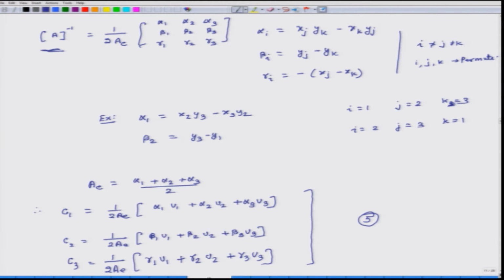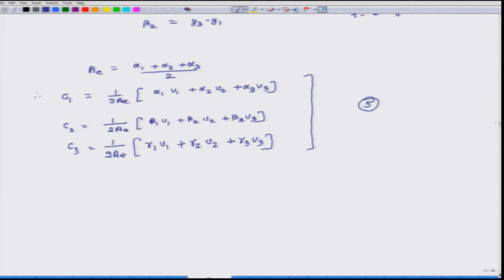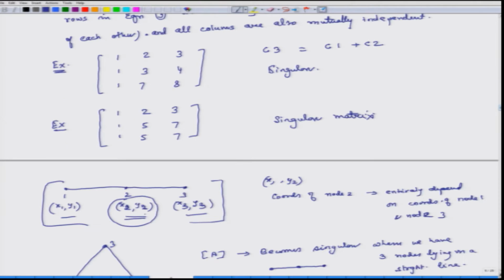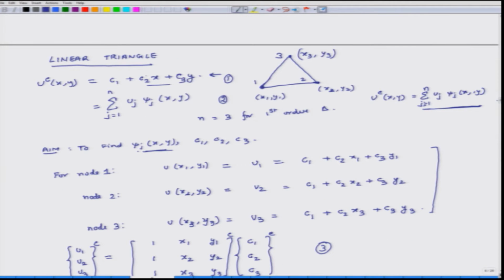AE is alpha 1 plus alpha 2 plus alpha 3 divided by 2. Okay. So, now we have accomplished our first goal, that is to express C's in terms of U's.